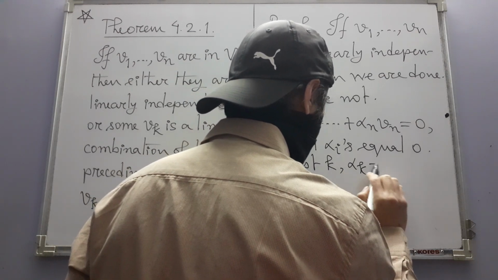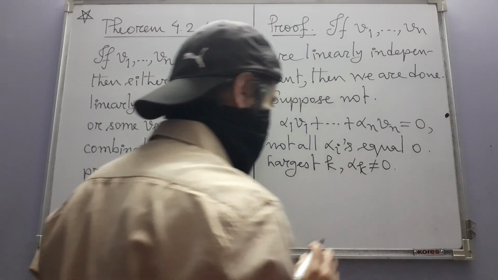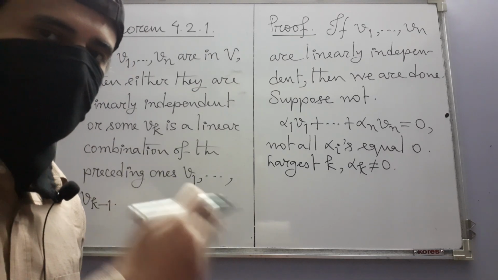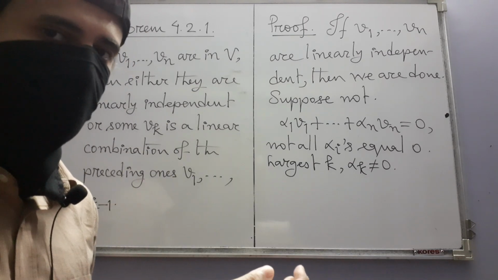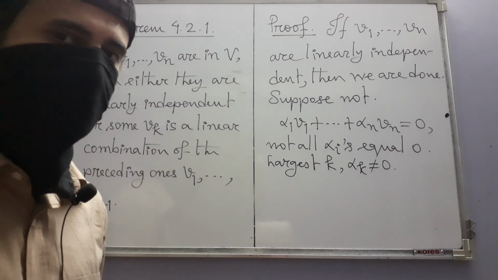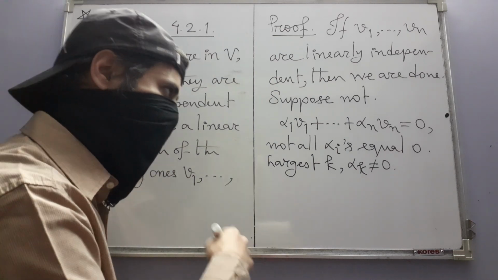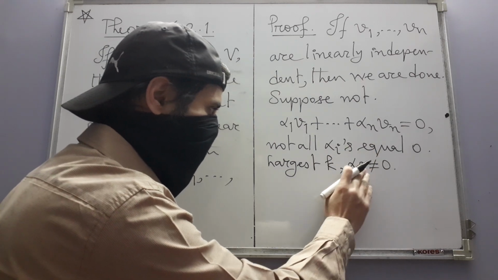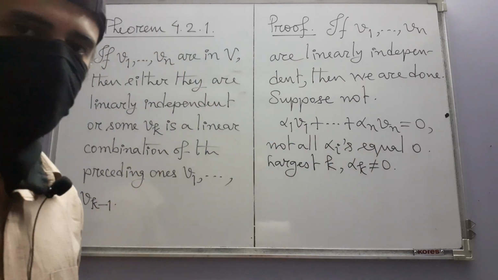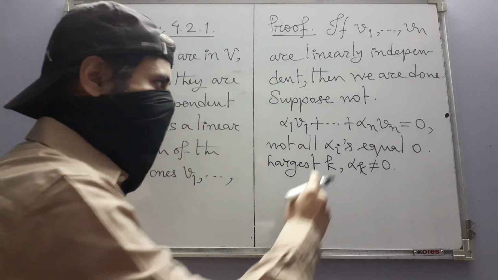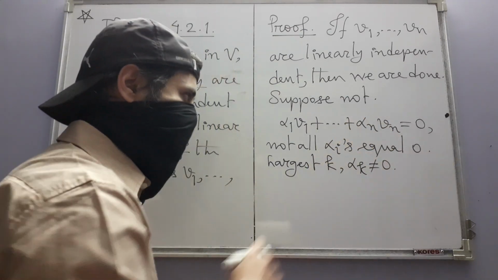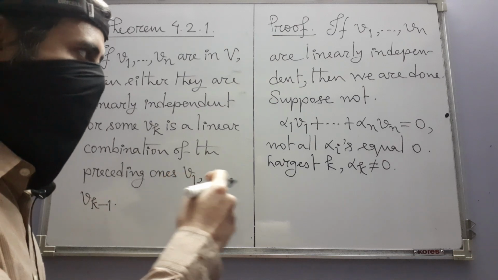such that alpha k is not equal to 0, which means that the alphas with indices greater than k, alpha i where i is greater than k, are 0. This is the coefficient having the largest index which is not 0. Then the other terms which appear after this kth term will vanish.